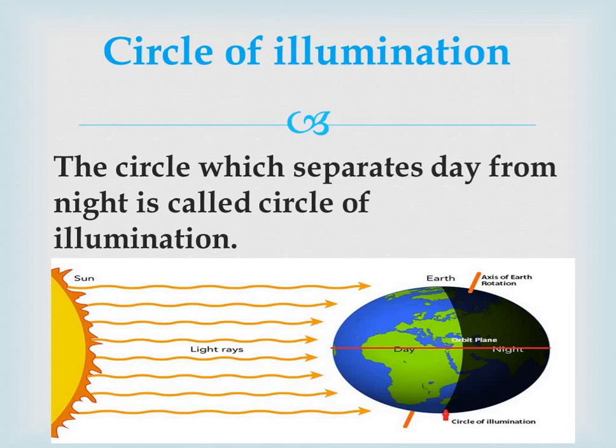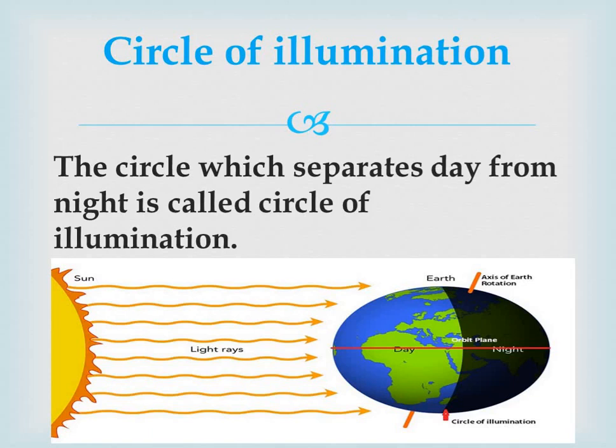Just see the diagram carefully. In this diagram, we can understand the circle of illumination as well as how day and night are formed. The circle which separates day from night is called the circle of illumination. This is the meaning of circle of illumination.